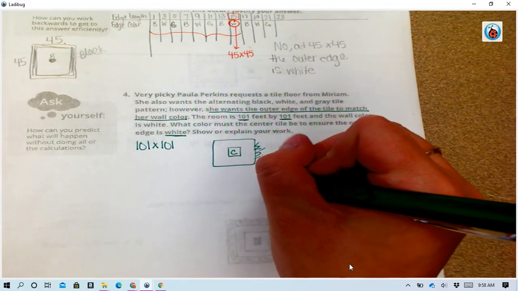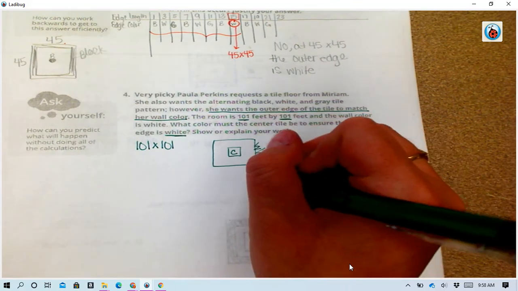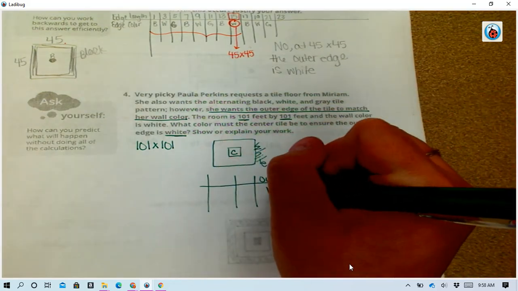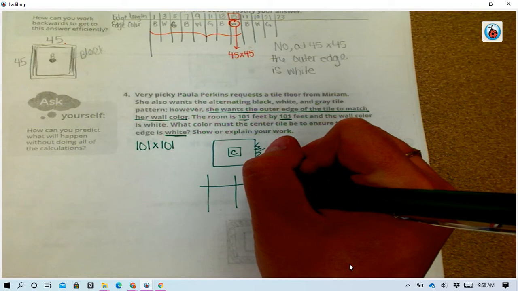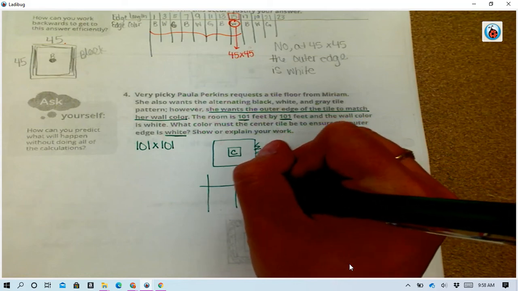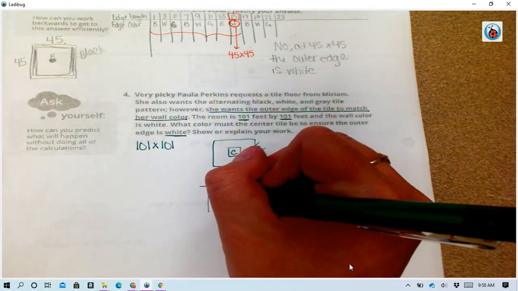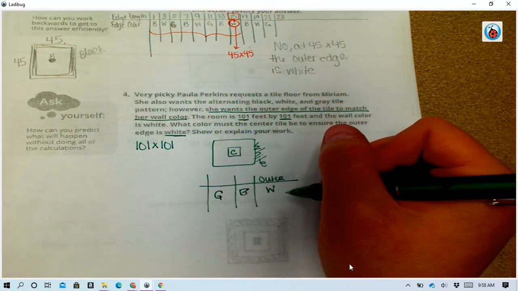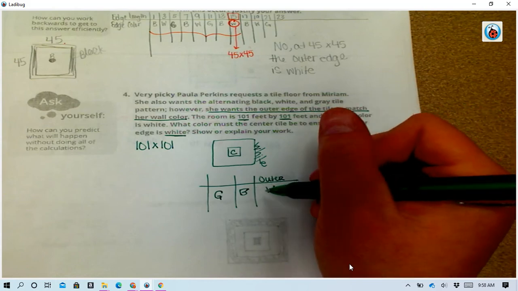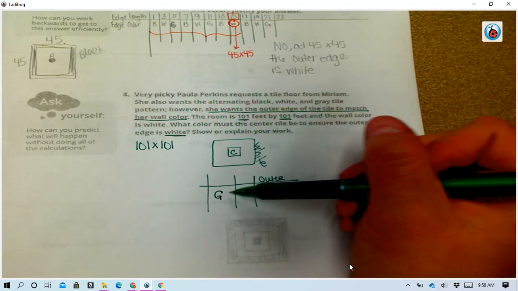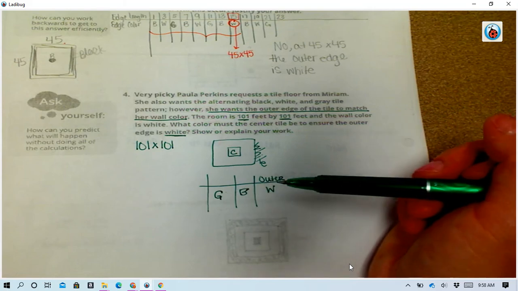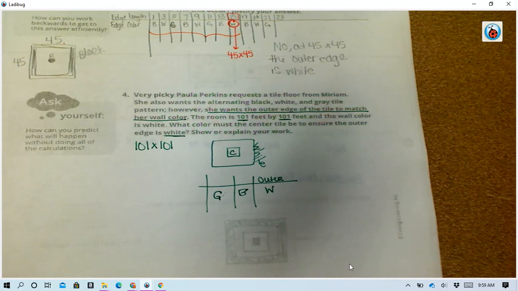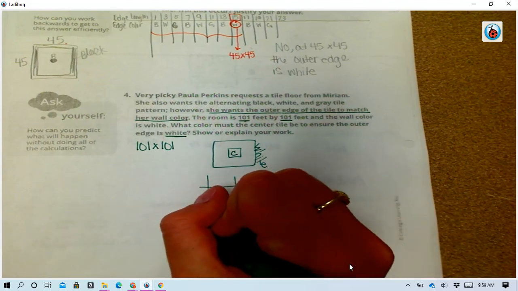So I went with the outer edge, and then the next, and then the inside. So if she wants her outer edge to be white, then the next tile would have to be black, which means her center would have to be gray, because she didn't care about the pattern. She just cared about those three tile colors. So she would need a gray center tile.